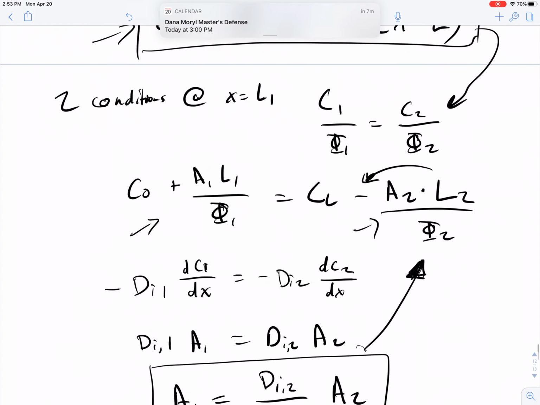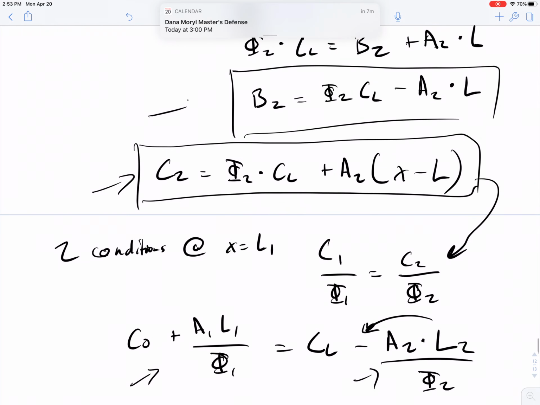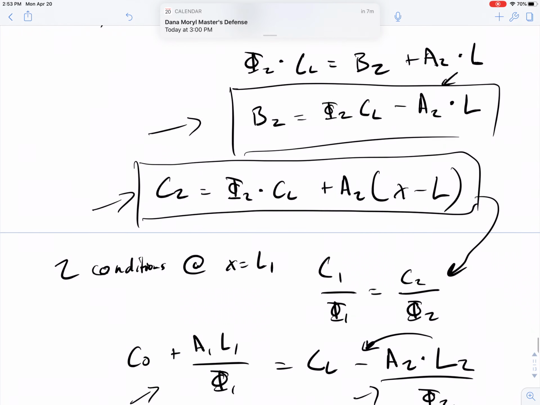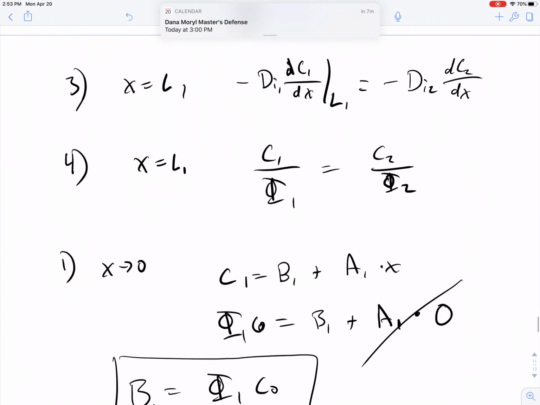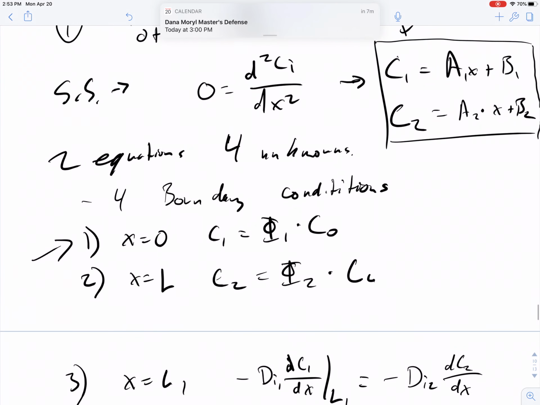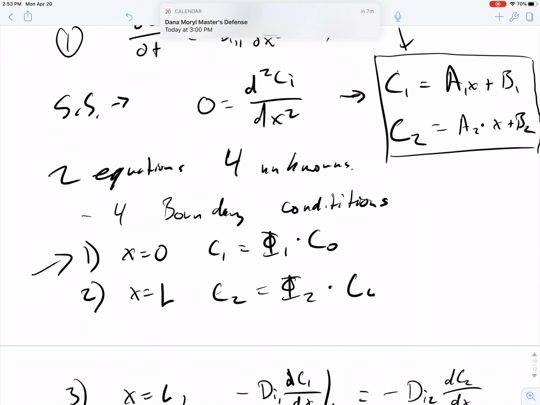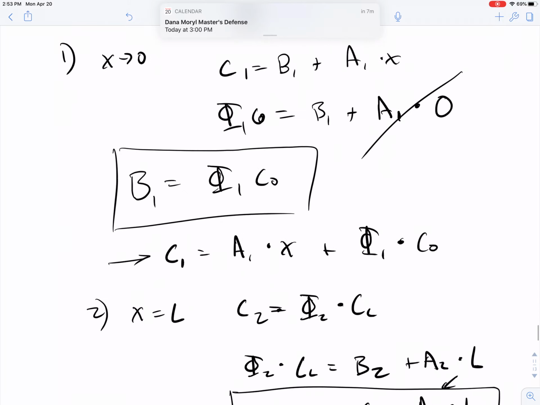We can easily solve now for B2 by substituting in our equation for A2, and we've already solved for B1. So if we go all the way back up to our initial equations, we have C1 equals A1 x plus B1, and then C2 equals A2 x plus B2. But now through this algebra, we have solved for A1, B1, A2, and B2. So the complete solution is done.